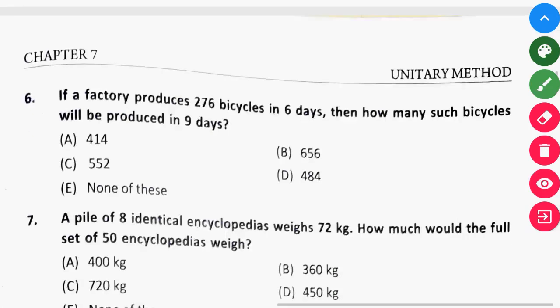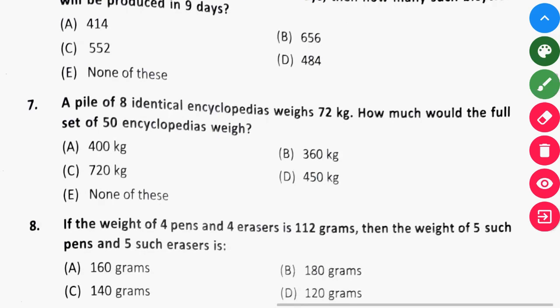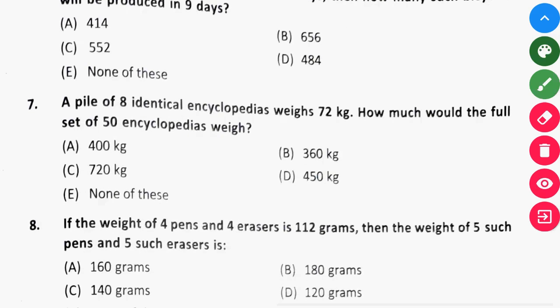Okay. Now the next question is, a pile of 8 identical encyclopedias weighs 72 kg. How much would the full set of 50 encyclopedias weigh? Okay.